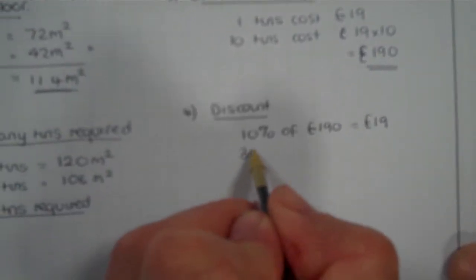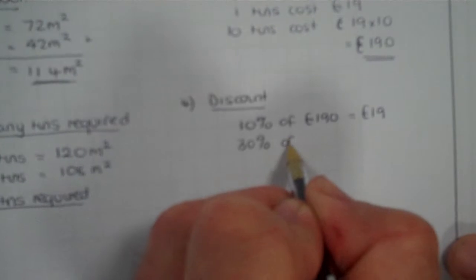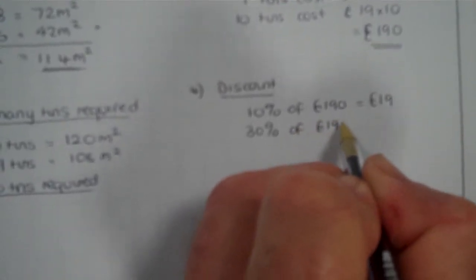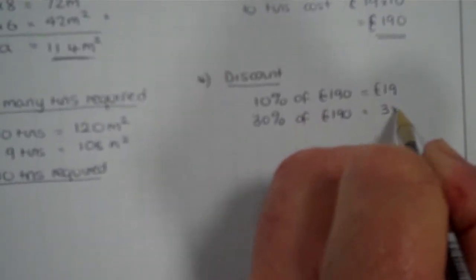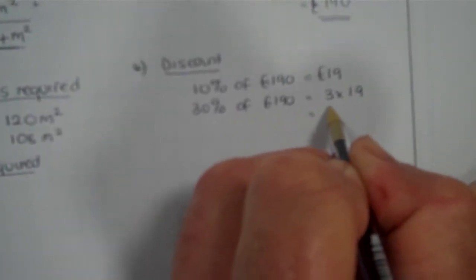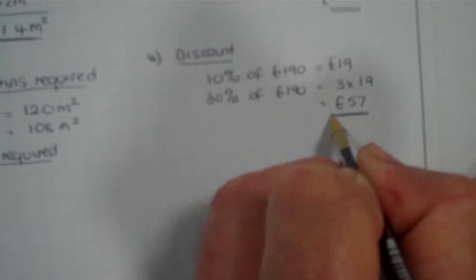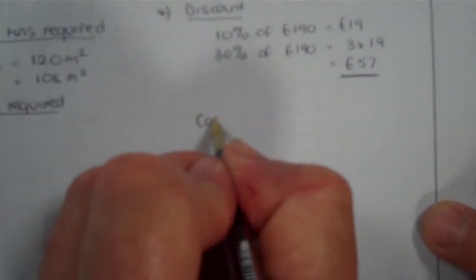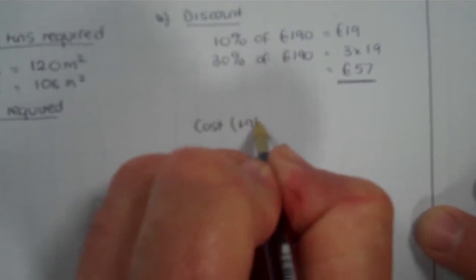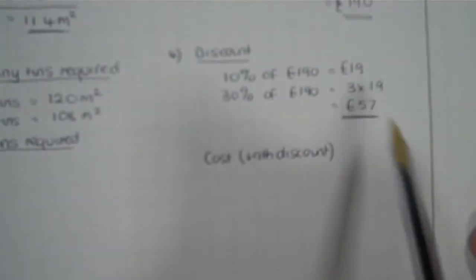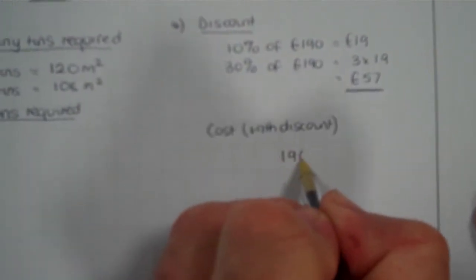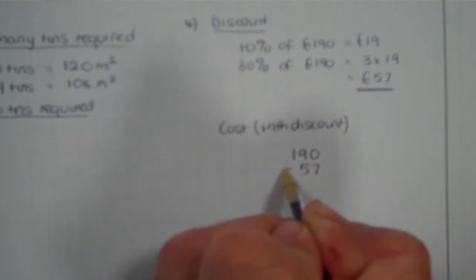So how do I find 30%? 30% of 190 is going to be 3 lots of 19, so that's going to be £57. So that's my discount. So my cost with discount, I'm going to take the cost without a discount and then take my discount away. So I'm going to do 190, take away 57.